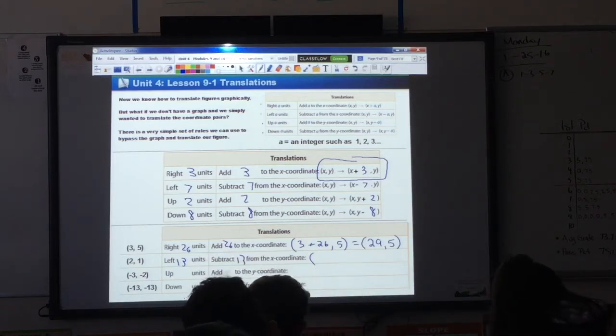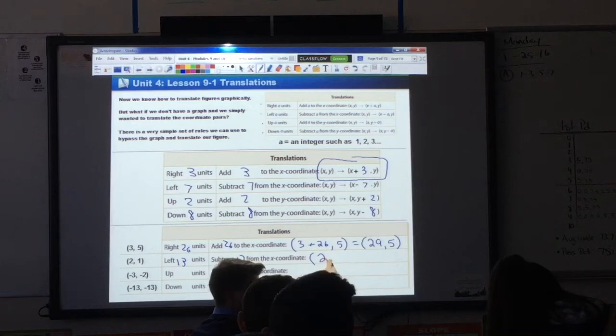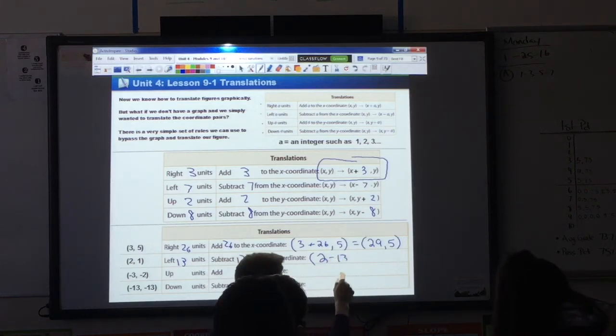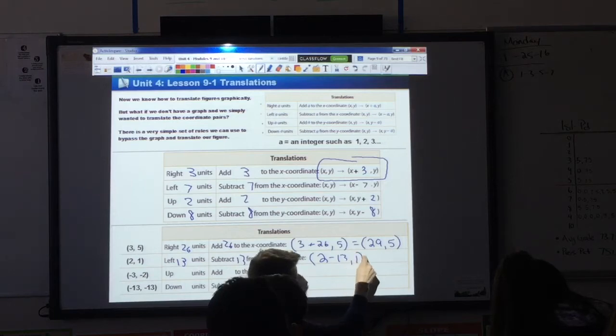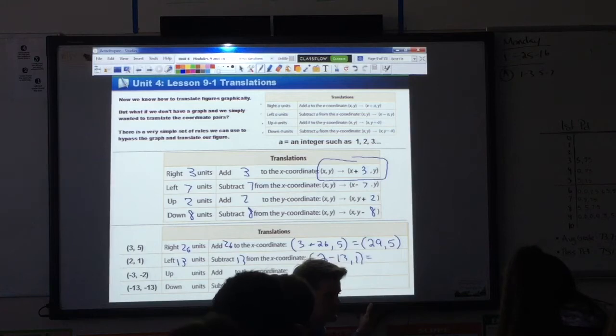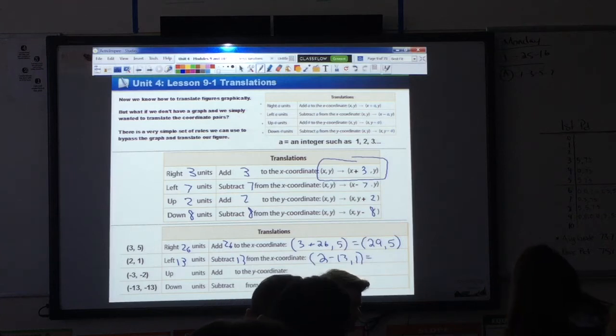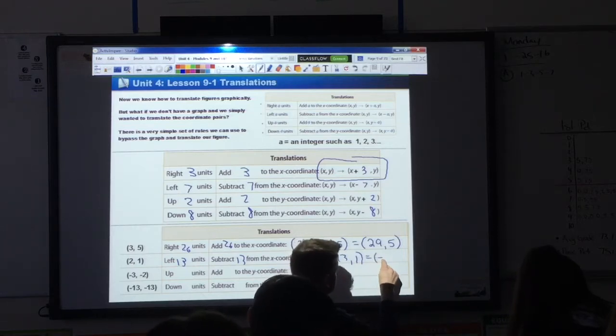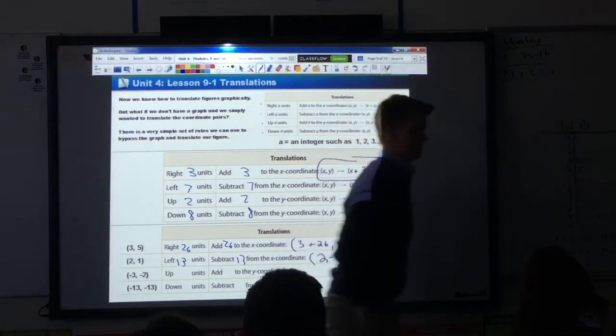What's the x coordinate? 2 minus 13, comma 1, and that gives me the new coordinate pair, which is negative 11, comma 1. Good, because the y did not change.